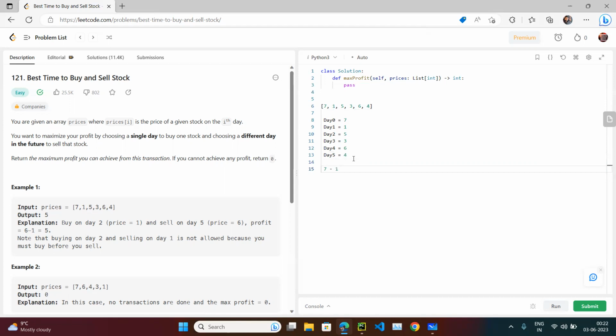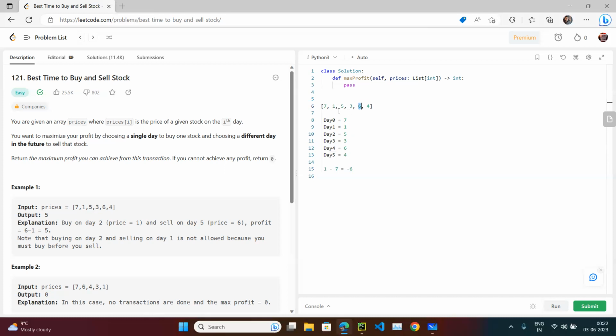Selling is 1, buying is 7, so you will have a loss of minus 6. So you need to find on what day I should purchase and on what day I should sell so that the profit is maximum.